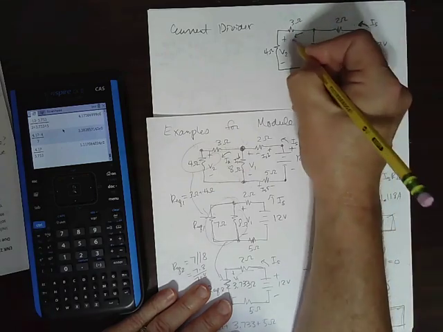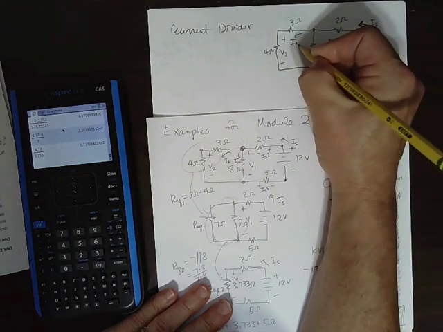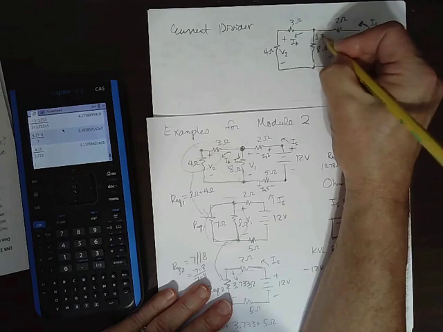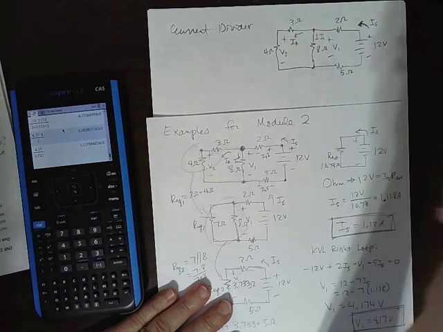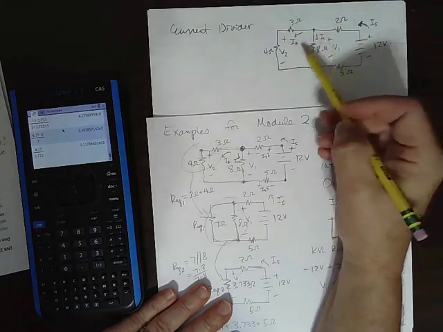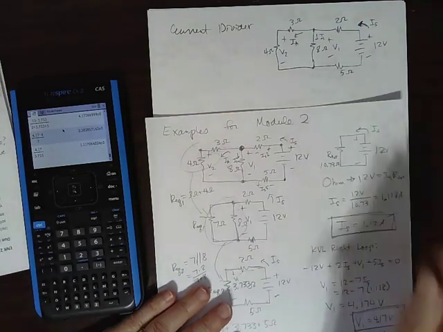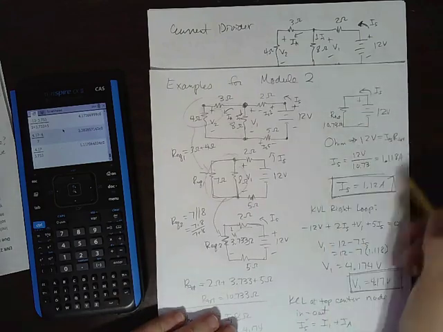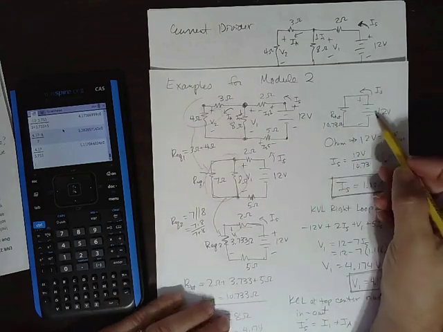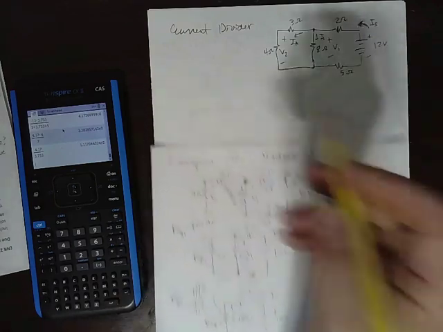I think we call this IA, and we call this I1. Right, so current divider would give us a relationship between IA and I1 and IS if we knew IS. And so for this one, we're going to have to go ahead and get IS somehow. So let's say we did this part. So we combined it all down and got our total.